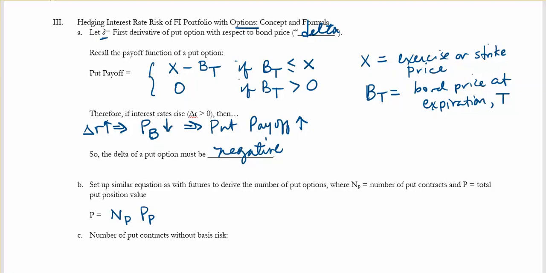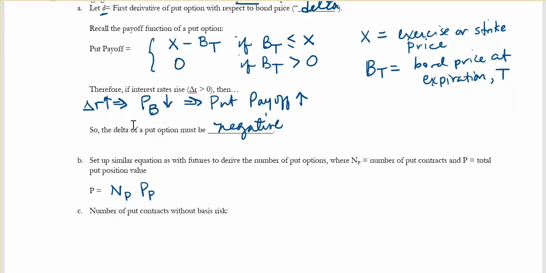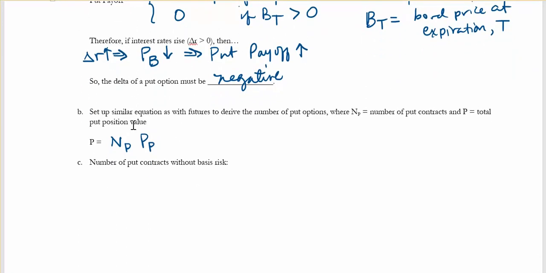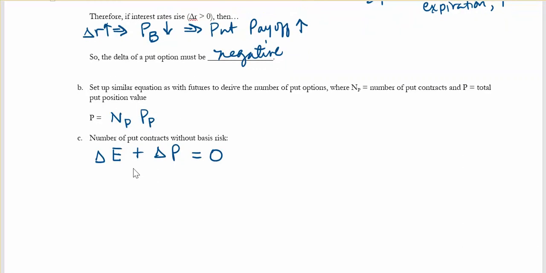And we're going to set up this formula again, where we want the change in the equity value plus the change in the put contract's position to be 0. Now we know the delta E, we've established that already.